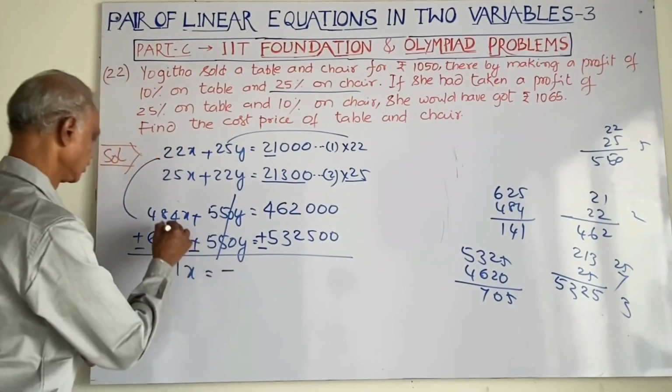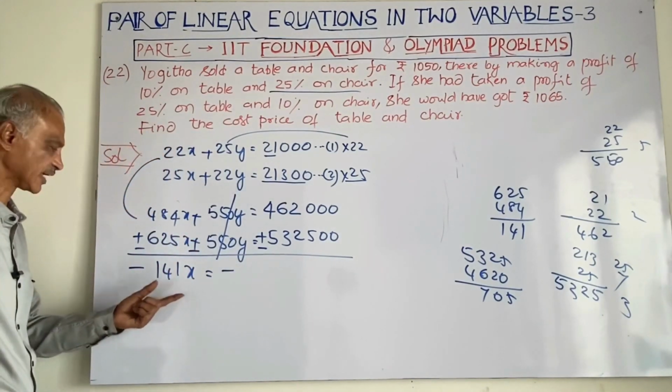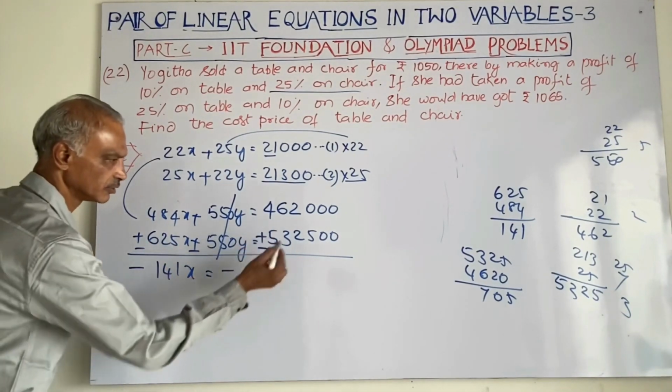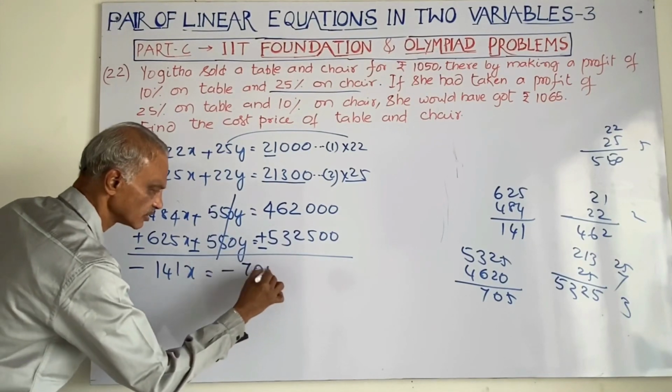You will get minus 141x because 625 is big number, is equal to minus 705.